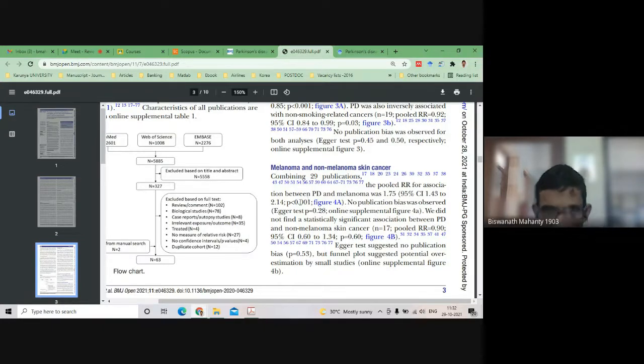So they are connecting them. So the pooled relative risk for association between PD and melanoma was 1.75, 95% confidence interval. So that means they are not doing any lab study, right? They are looking for articles and connecting them, because those papers must be talking about some research on those people. And if you have the data, you can also talk about that. So basically they are talking about association from publications.